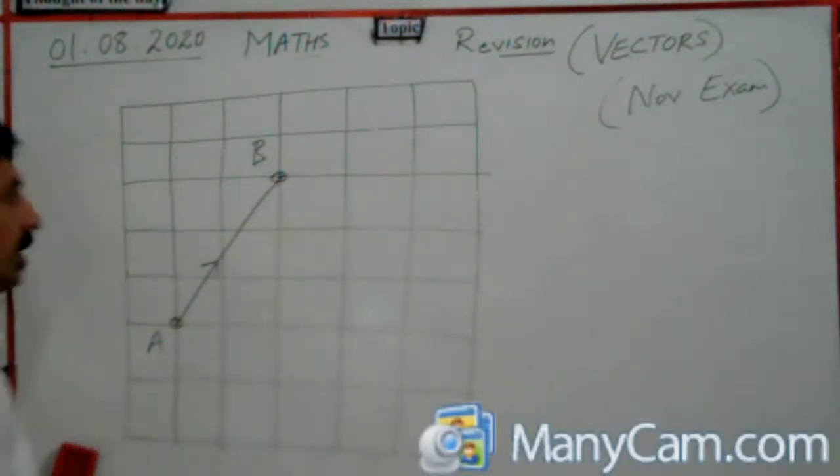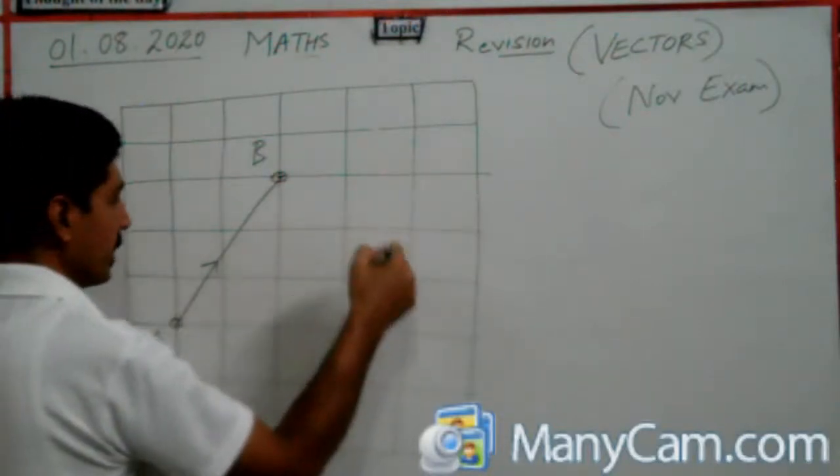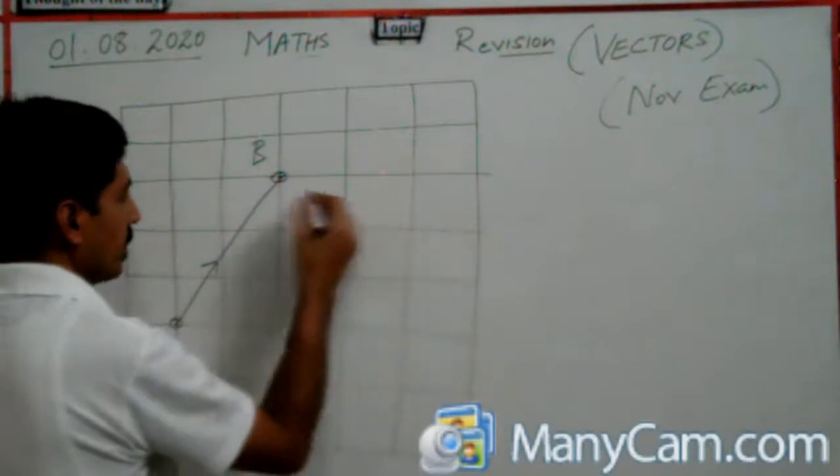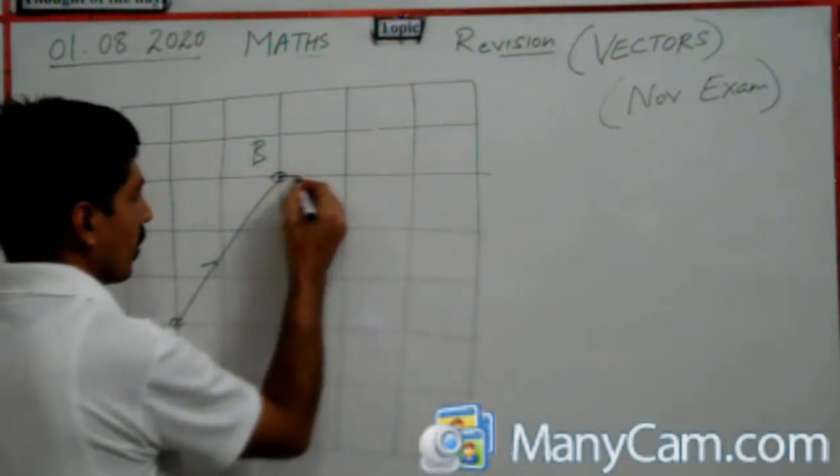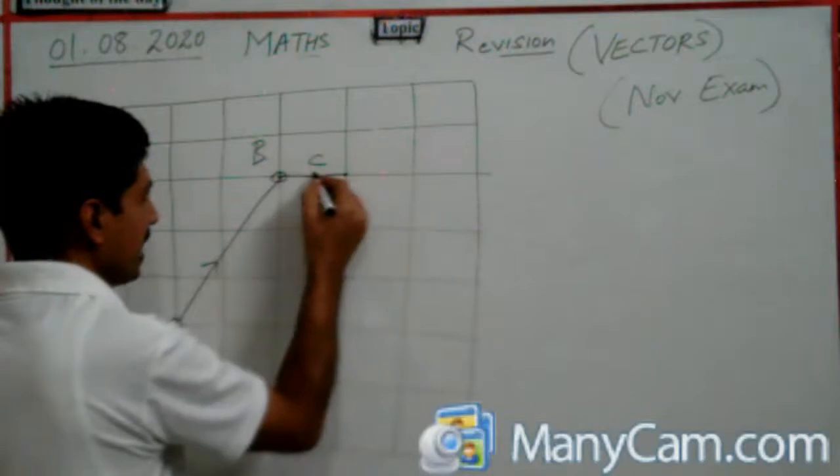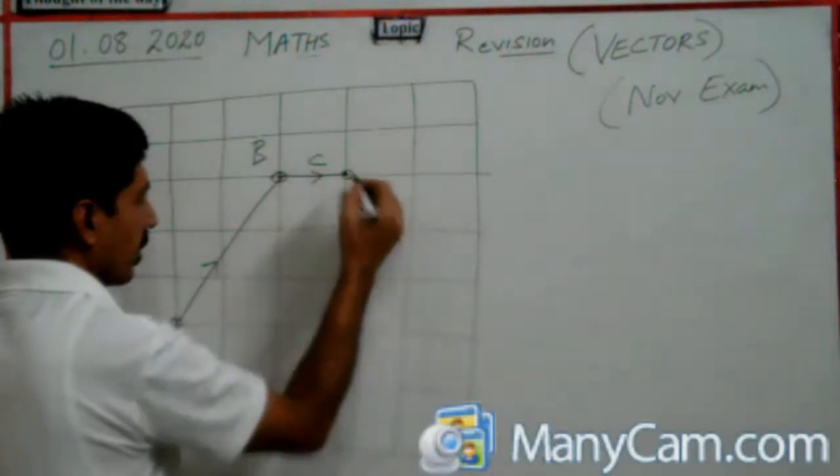And if one is moving horizontally, this point is C, right?